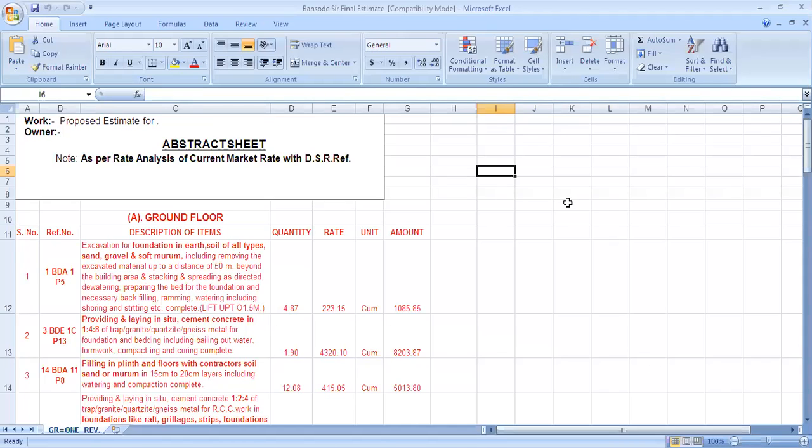Okay, are you able to see the Excel screen, everyone? Please give me some response whether my Excel sheet is visible to everyone or not. Yes, sir. Yes, na? Okay.